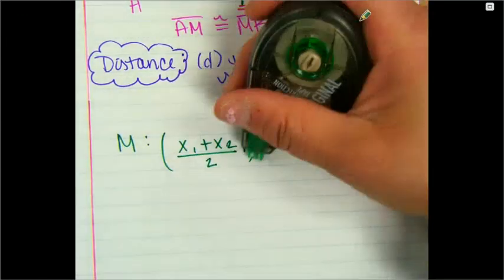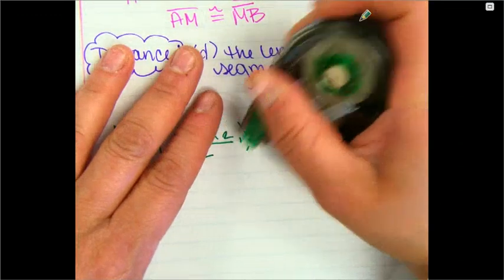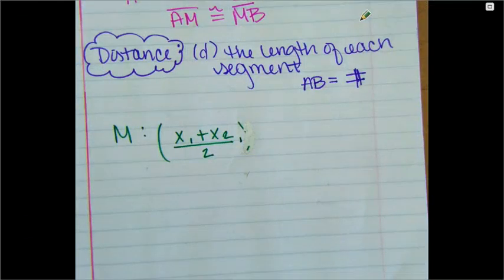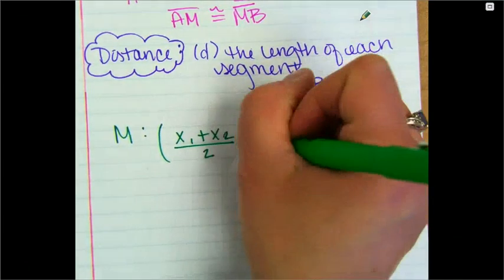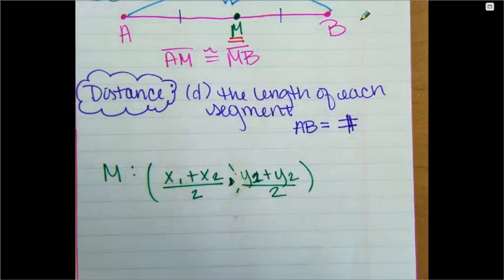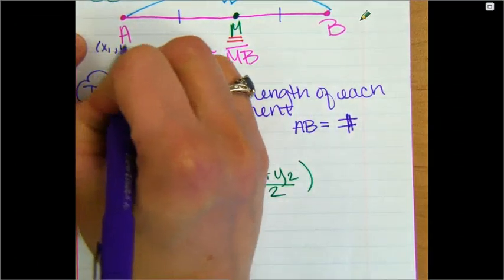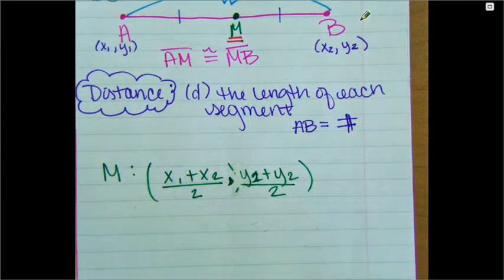Y1 plus y2 over 2. Why do you think we divide by 2? Because it's the middle. And middle means you divide by 2. So go back to your segment. A is going to be like x1 comma y1. B is going to be like x2 comma y2. Take them, add them, divide by 2, find that middle point, which is right there.